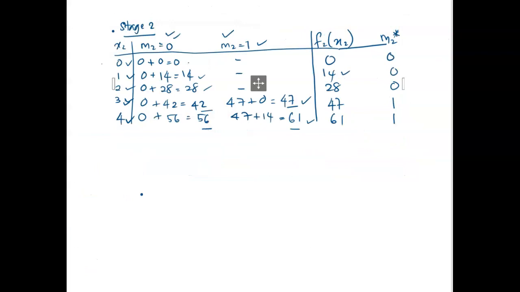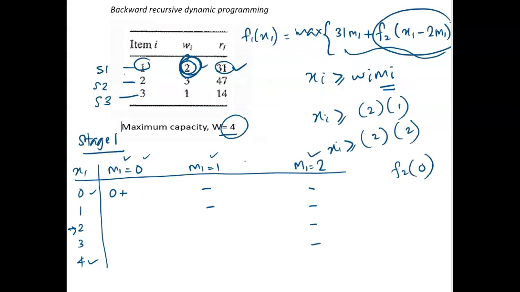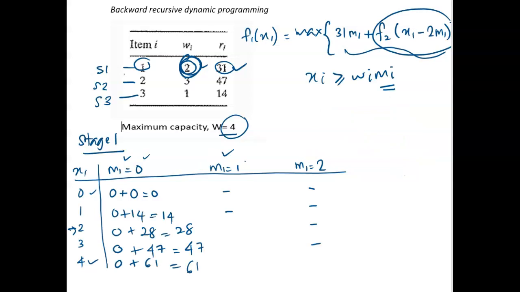Now check back your stage 2. When x2 equals 0, the value is 0. So basically, it will be 0 plus 0, so you get 0. Do this for all the values. That is for when m1 equals 0. We do the same for m1 equals 1 and m1 equals 2.